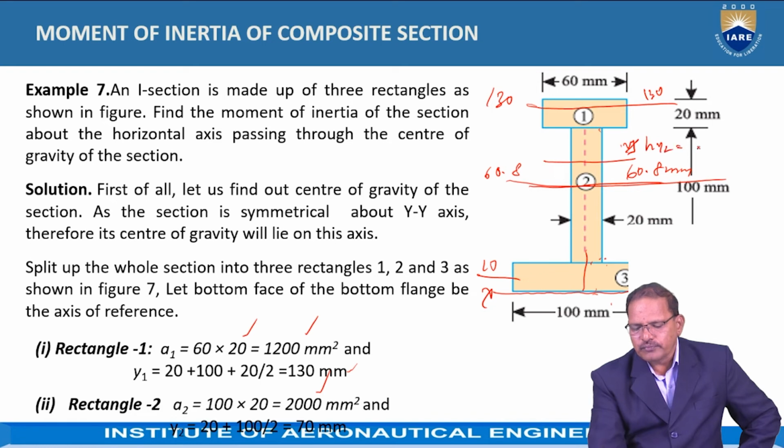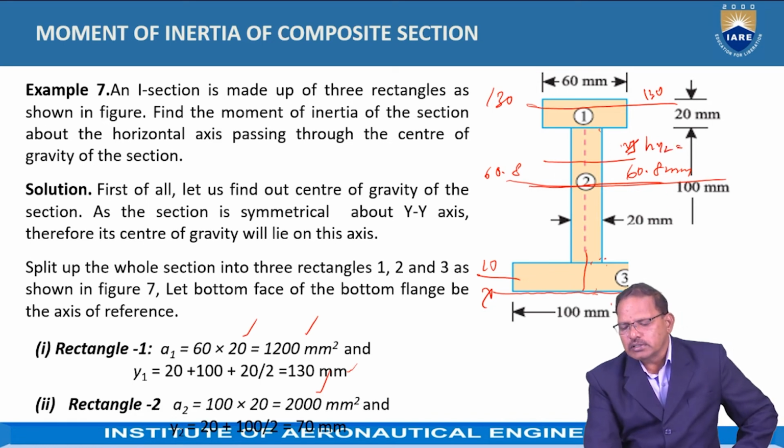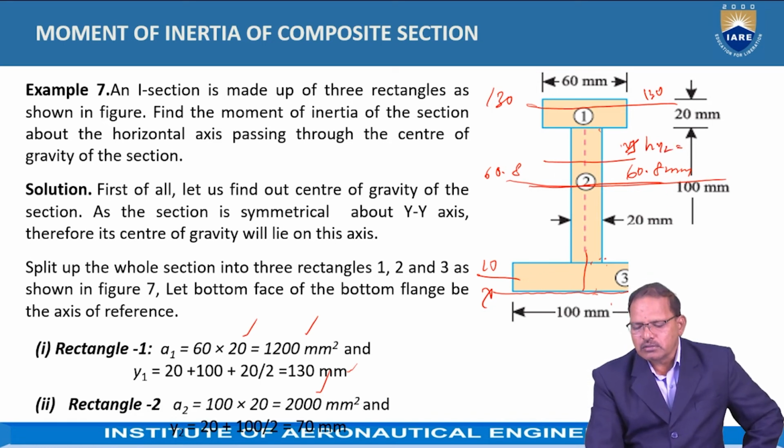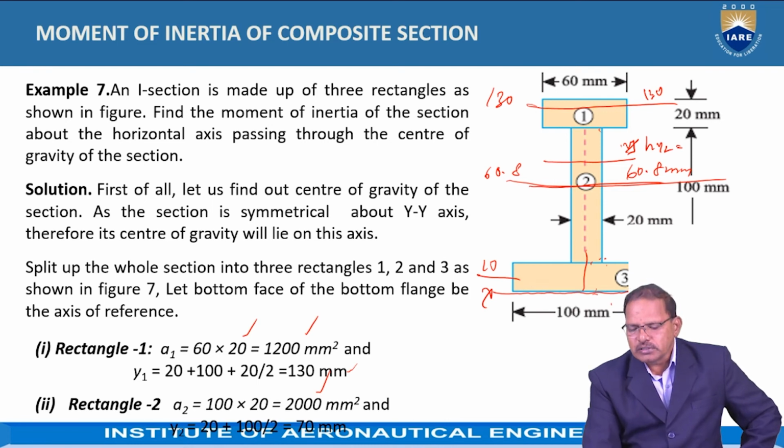So hy2 is the difference between the center of gravity of the whole section and the center of gravity of the second section, which is 20 plus 100 by 2, equal to 70, minus 60.8.